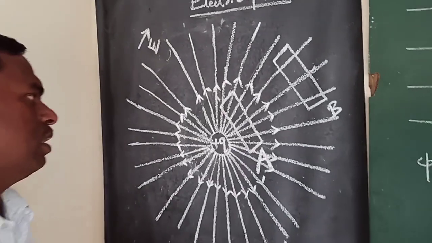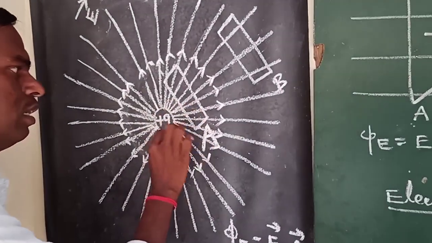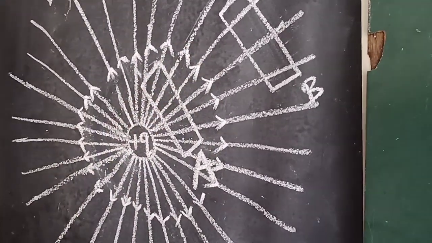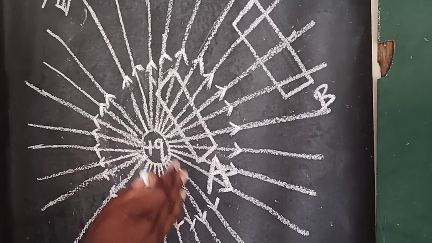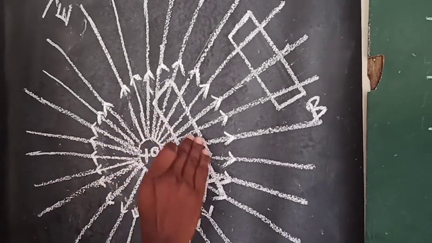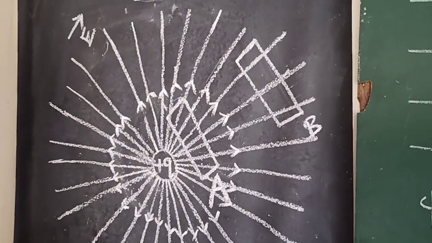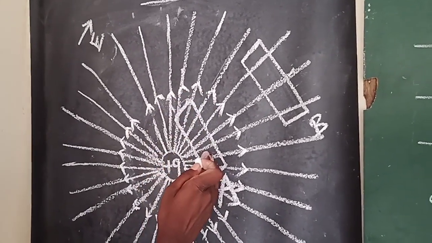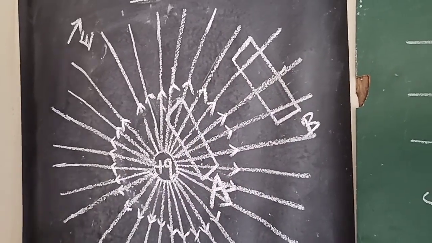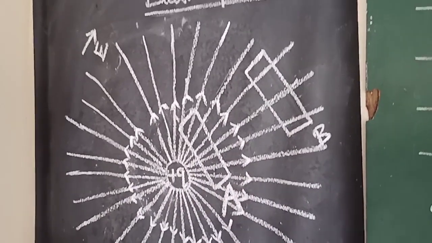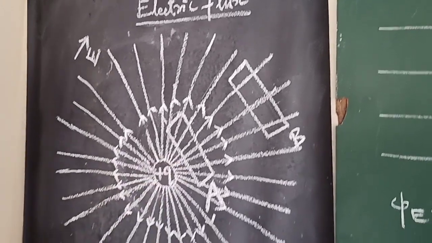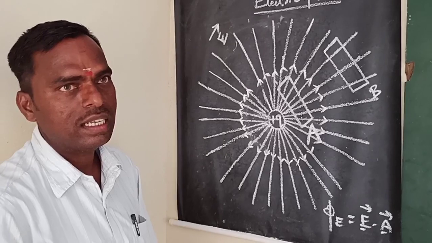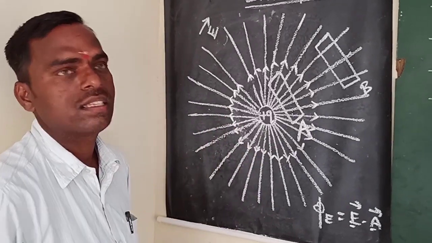So near the charge, in region A, more lines pass through the area, so the electric flux is greater compared to region B. In region A, the electric flux is more than in region B. Already you know the electric field due to a point charge: the electric field intensity decreases as distance increases.